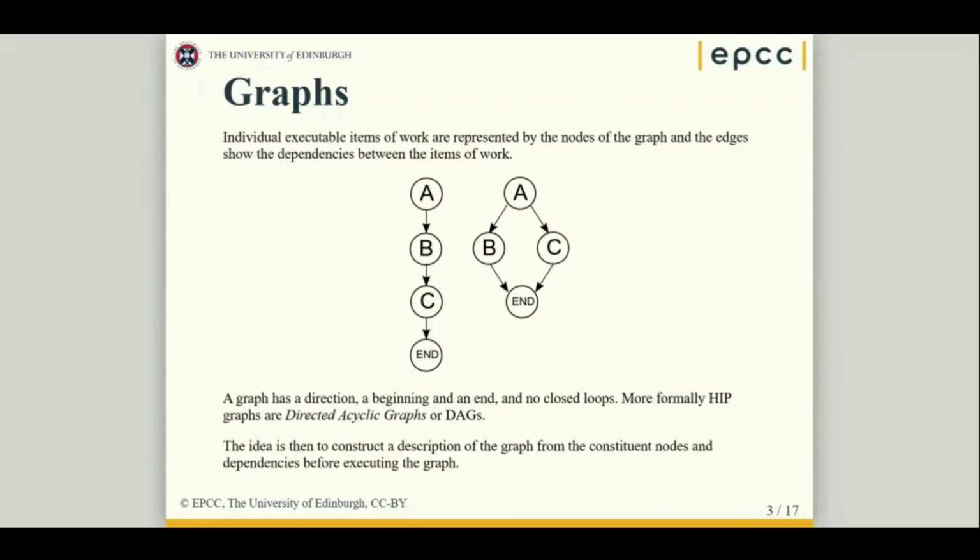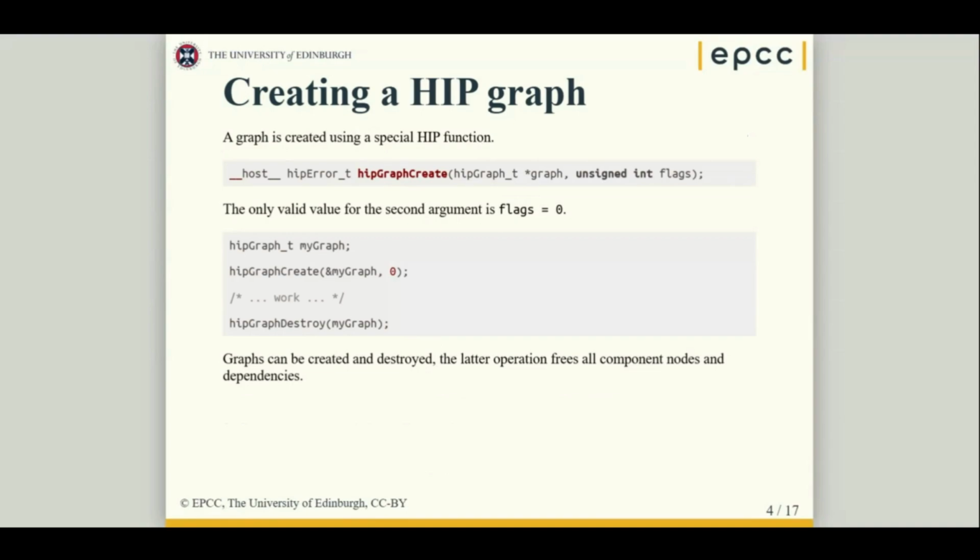Now we will see how to create a graph with HIP, which, spoiler, is not that easy. You will find that we need to use more than one line of code to define a graph. Similar to streams, we need to create and destroy the graph.